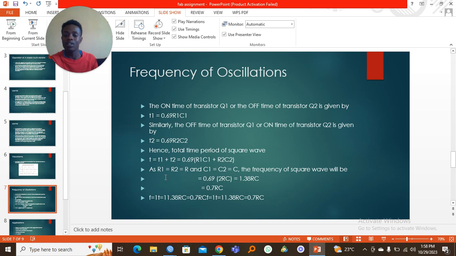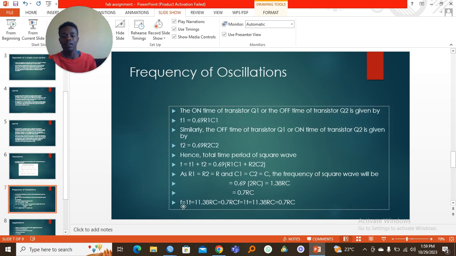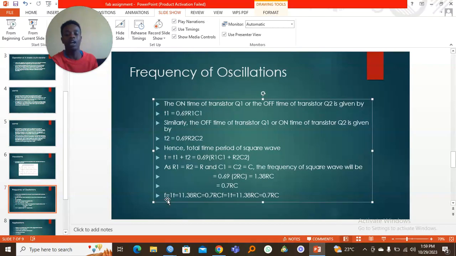As R1 is equal to R2, which is equal to R, and C1 is equal to C2, which is equal to C, the period is 0.69 times 2RC, which gives 1.38 RC, so the frequency is approximately 0.7 divided by RC. This is the formula for calculating the frequency of oscillation.